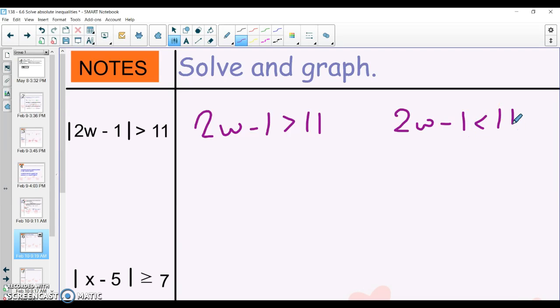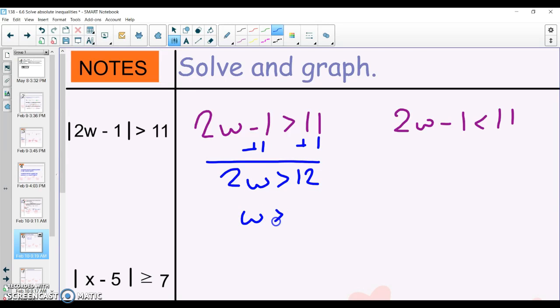I had nothing on the outside, and so what I'm doing is I'm just making my two inequalities and I'm going to solve them. That should be a -11.